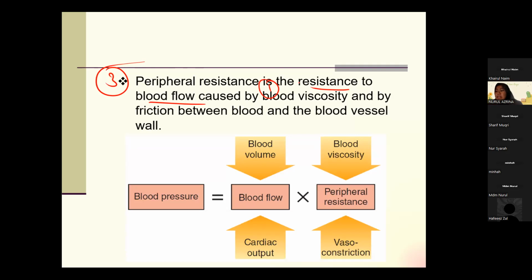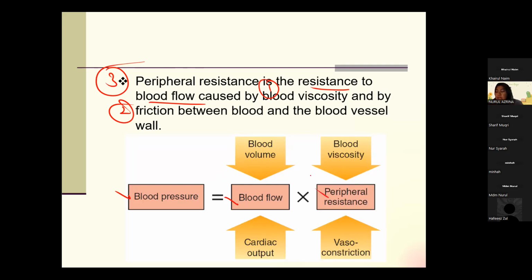Okay, peripheral resistance is the resistance for the blood to flow and it is caused by blood viscosity and also due to friction, berlakunya geseran between the blood and the blood vessel wall. So you can see from here, blood pressure can be influenced by the blood flow and also peripheral resistance.